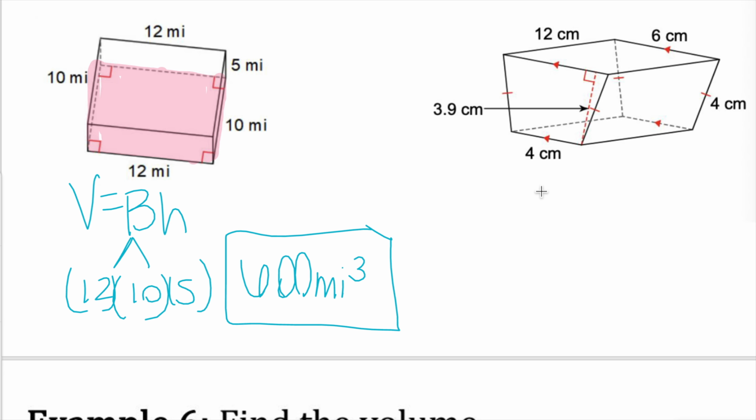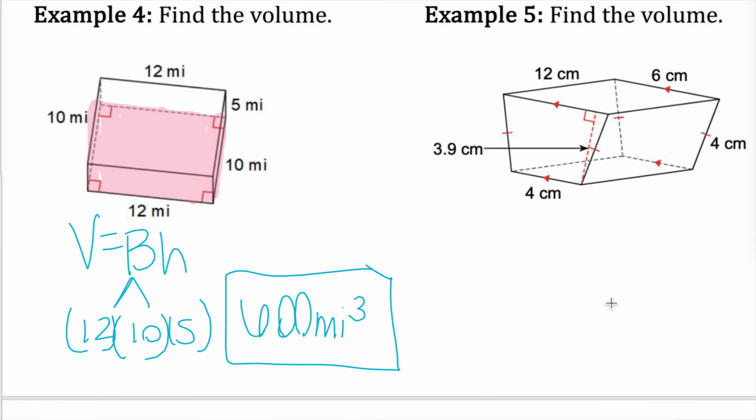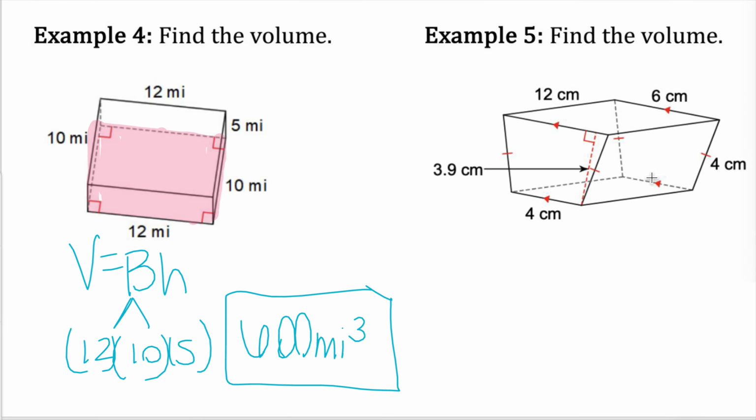For the next one though, not as easy, and some people think the base is this shape down here, but the base is actually the two shapes that are facing one another, which is this trapezoid. I can see I have one pair of parallel lines, which means I'm going to use my trapezoid formula to find the area of the base.